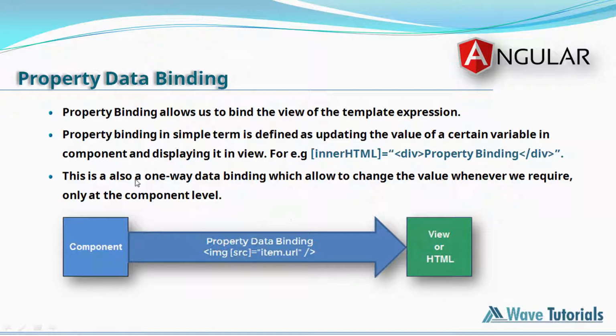So property binding is also a one-way data binding like interpolation, which allows us to change the value whenever we require, only at component level. So the same way, property binding and interpolation send their data from component to HTML. So let's open Visual Studio Code and see some practical examples.